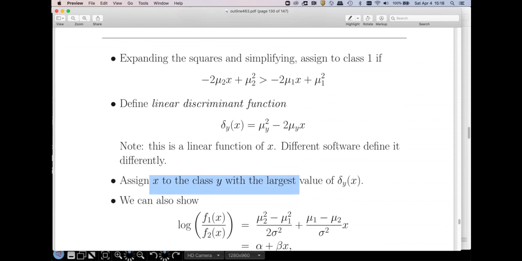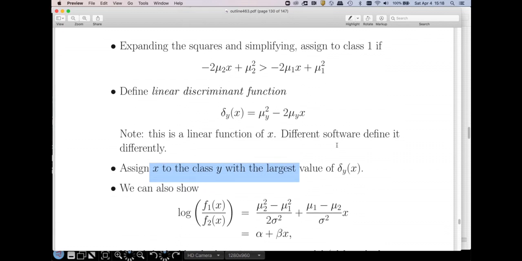Another thing that we can do is take that expression that I had. This is the log of class 1 divided by class 2, which looks a lot like the logit function. This is just the probability in class 1 over 1 minus the probability in class 1. So that is the logit function. And we can write out a closed form expression for the coefficients.